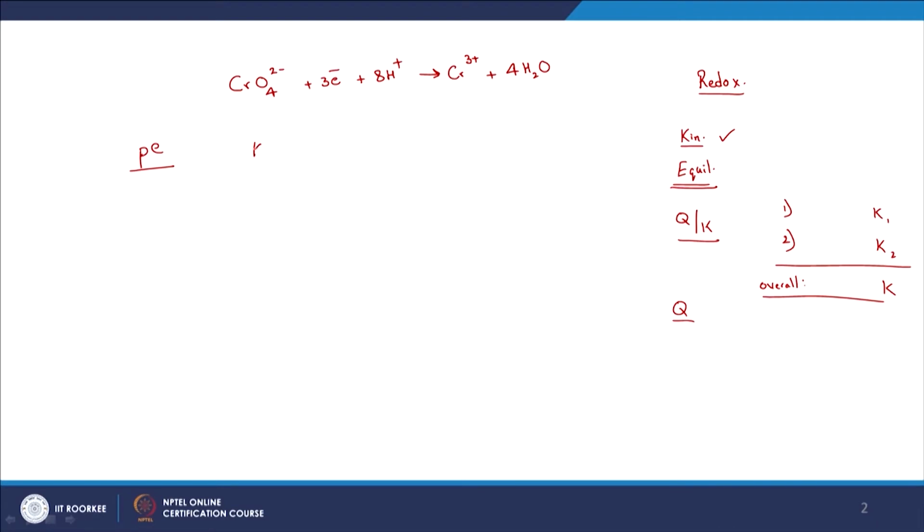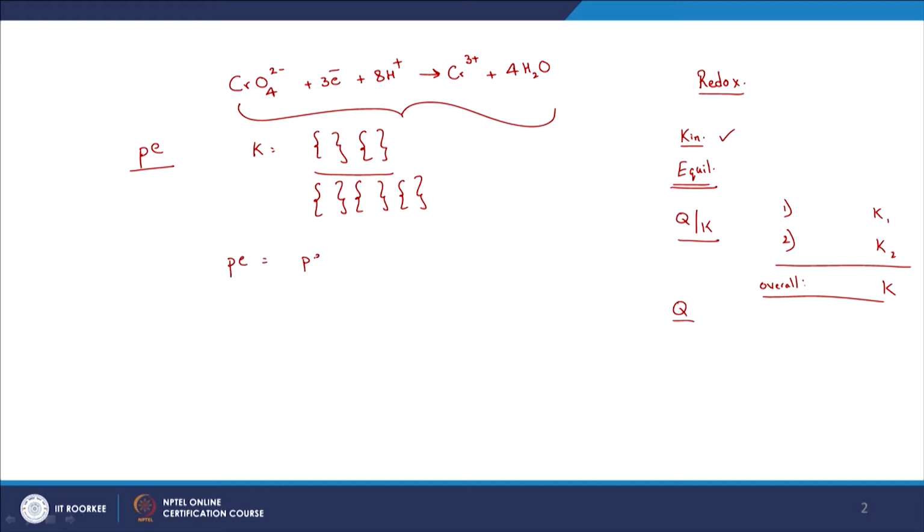We wrote down the equilibrium coefficient for a particular equation, the stoichiometry of the products to the relevant reactants, and then we plugged it in and transformed the equation such that we end up with PE equal to PE naught minus 1 by n log Q dash.